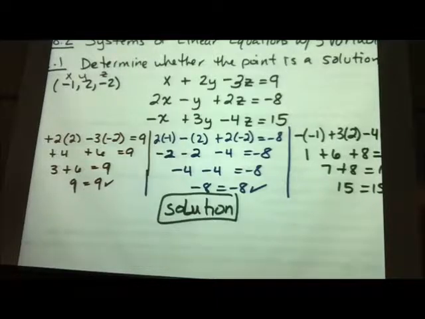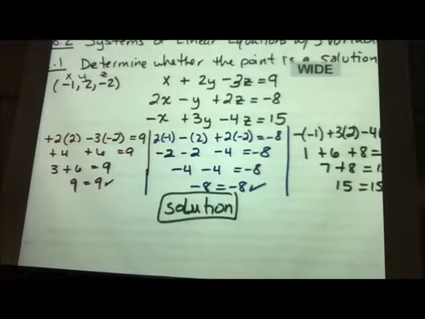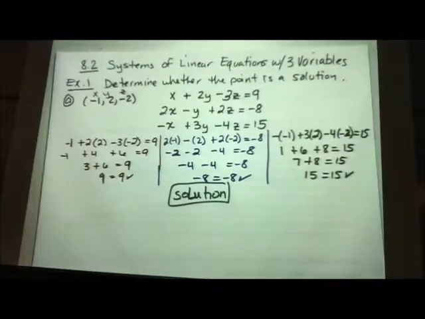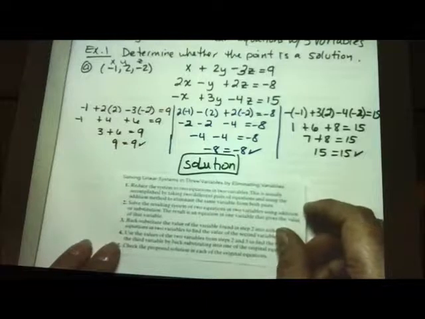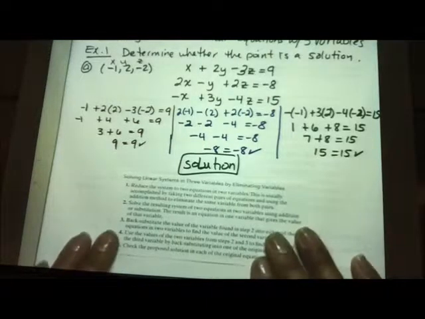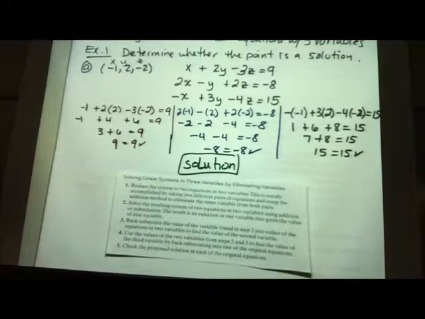Now, you're going to have a little piece of paper that's going to be given to you, or it already has. And it has important rules of solving linear systems in 3 variables. And you're going to glue that, and there's going to be glue for you. You're going to glue that on your notes.